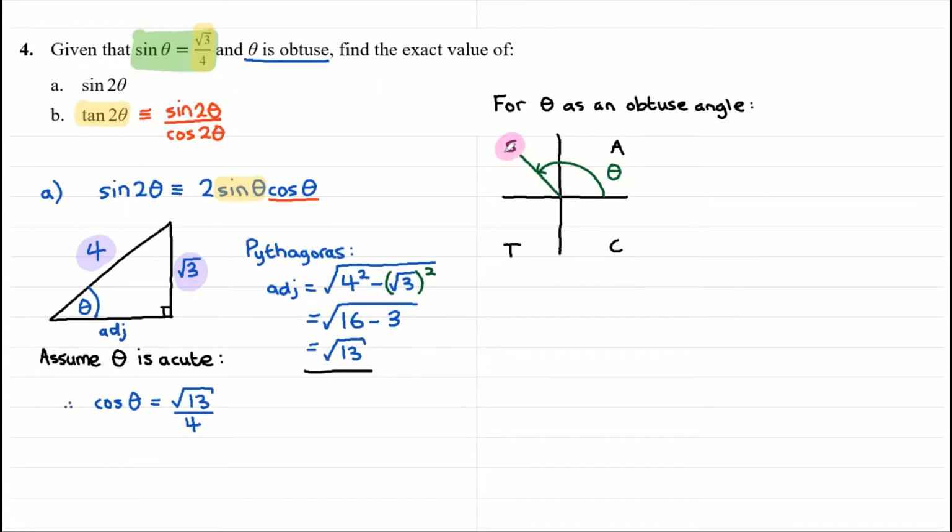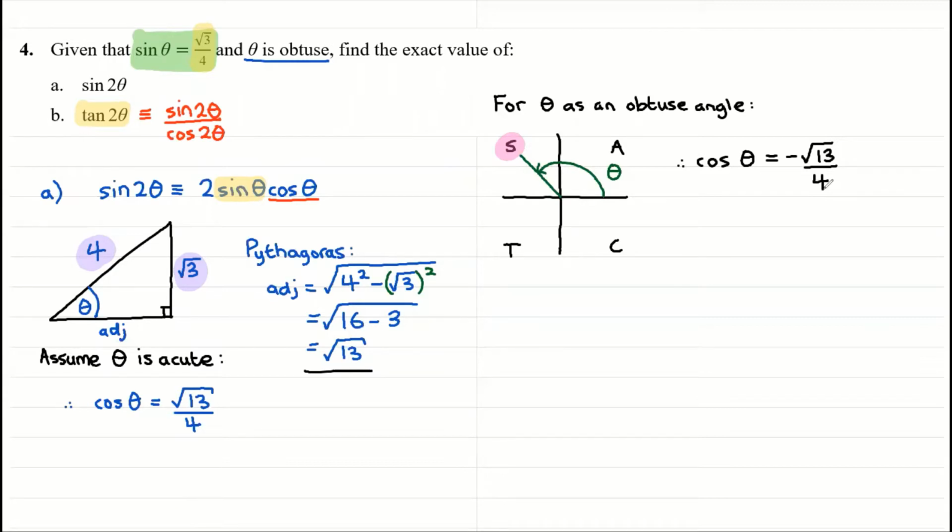So we can say with certainty, and I know I've labored this a bit, maybe over explaining it, that cos theta is going to be, for an obtuse angle, negative root 13 over 4, like so.